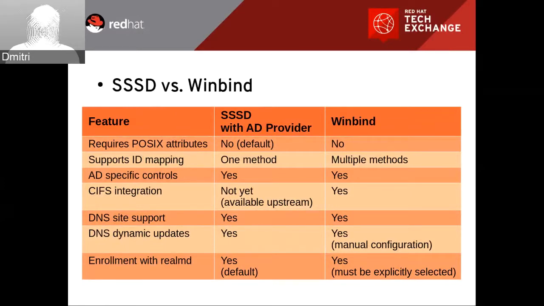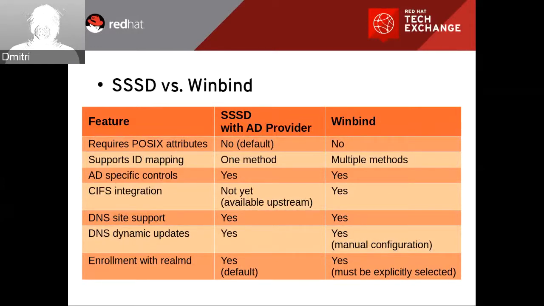Identity mapping: you have users identified by SIDs, special IDs in Active Directory, and you need to have POSIX attributes, GID and UID, in Linux and Unix. So you need to map one to another, and you need to do it dynamically.